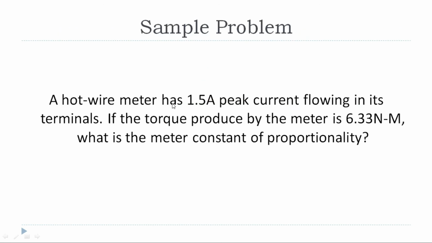Okay, so let's have an example. A hot wire meter has 1.5 ampere peak current, take note, peak, not RMS, flowing in its terminals.